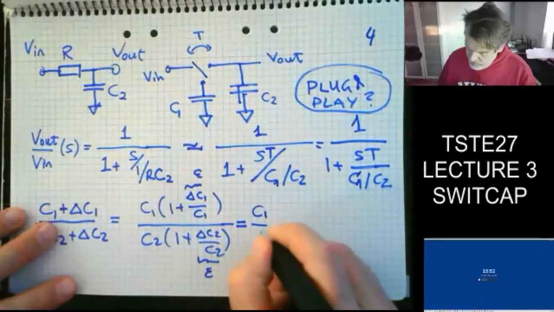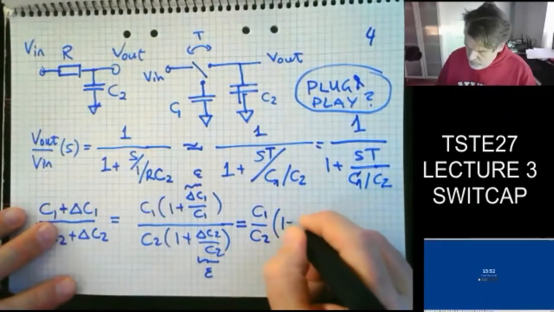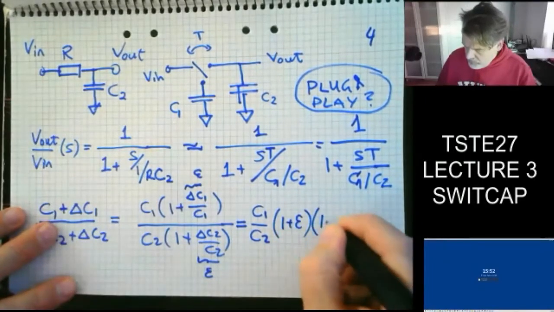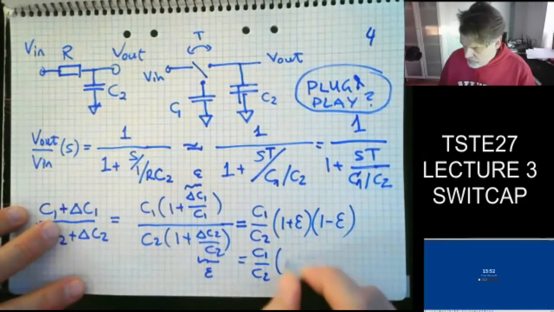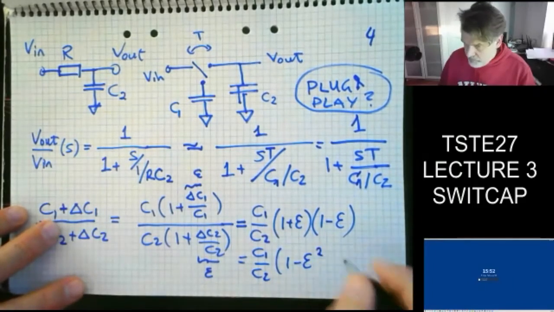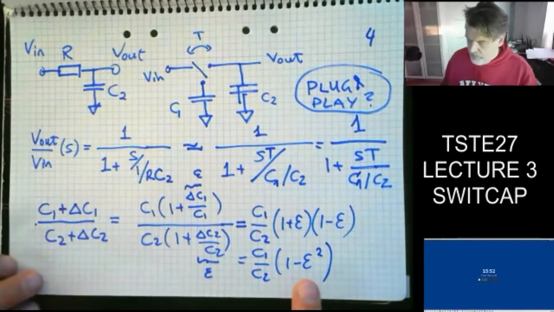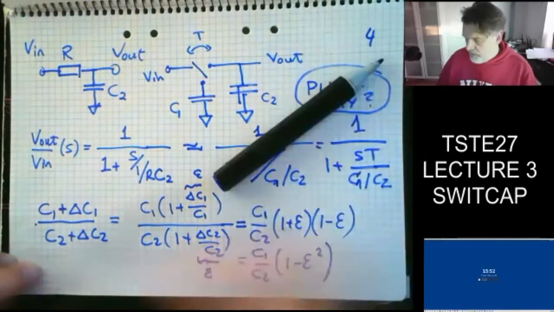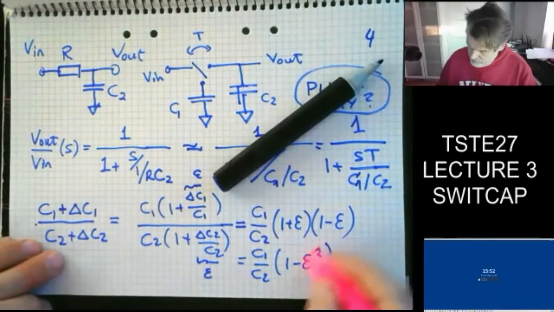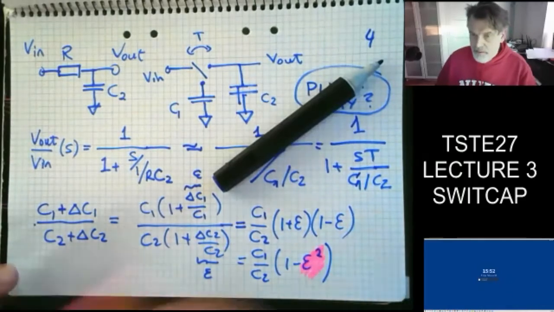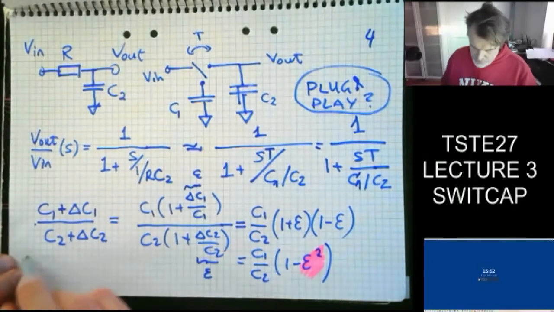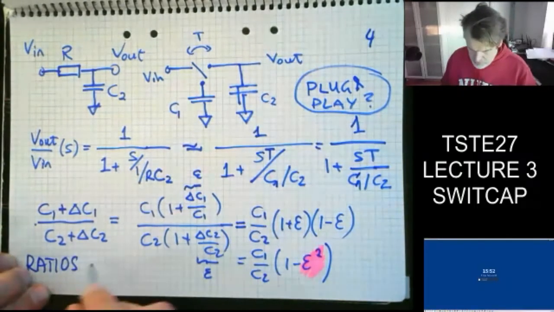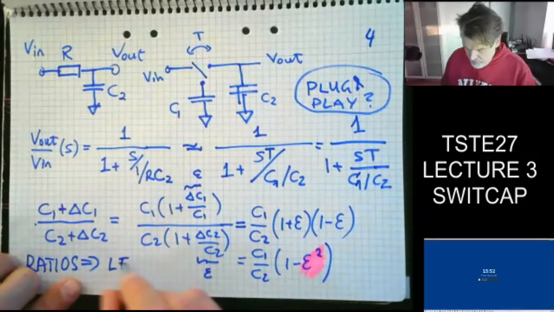So this is going to be C1 over C2 times 1 plus epsilon times 1 minus epsilon, and that's going to be C1 over C2 times 1 minus epsilon squared. So we can quite quickly see that we get the square term of the error. That implies we have a much smaller relative error if we have a ratio. So ratios give less error.